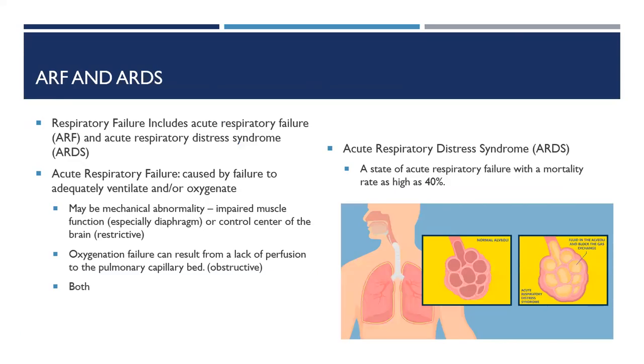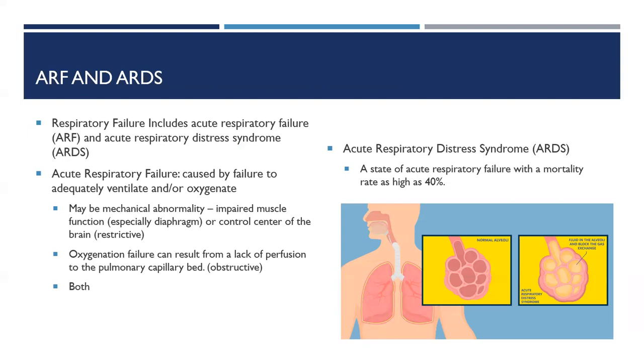Acute respiratory failure. This is going to be a situation where you are not breathing as you should. Acute respiratory failure and ARDS go together. Acute respiratory failure can be caused by any reason why you're not able to get oxygen in.